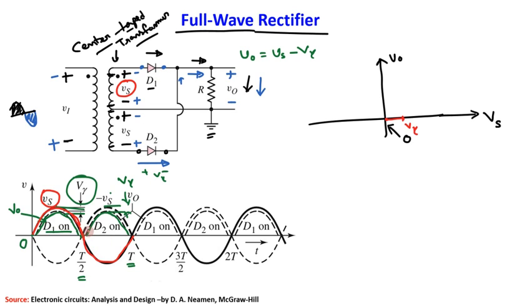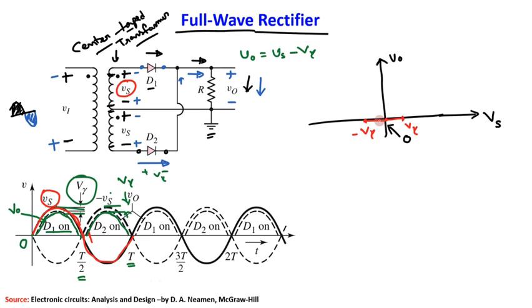Similarly, for the negative half also we can see from here. Till this voltage becomes minus V gamma, this diode will also not start conducting. So for minus V gamma also, the diode will not conduct, means the output will become 0 only.